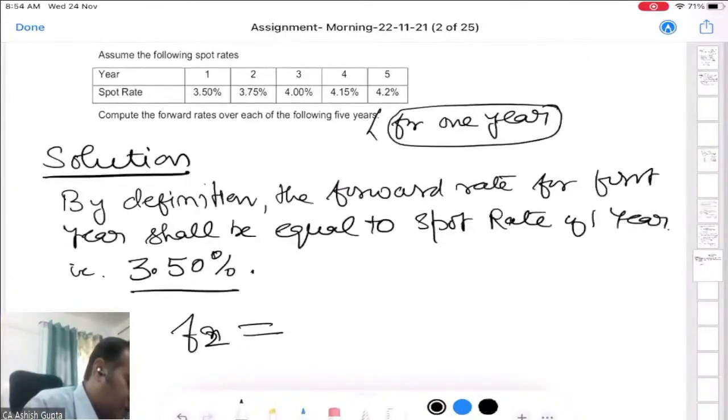So as we told in the formula, if we apply the formula, even we can derive it logically also.